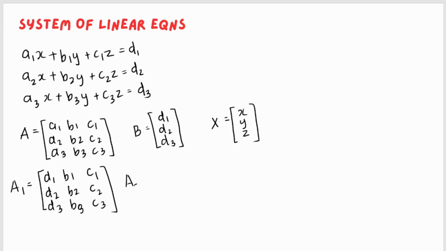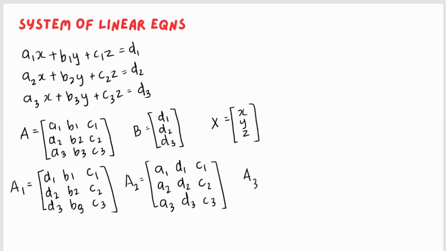Then matrix A2 will be replacing the second column of A matrix by the matrix B, that is a1, a2, a3, then you have d1, d2, d3, then you have c1, c2, c3.